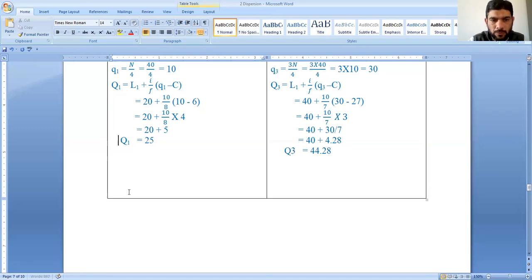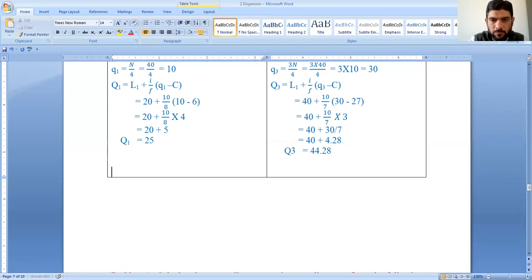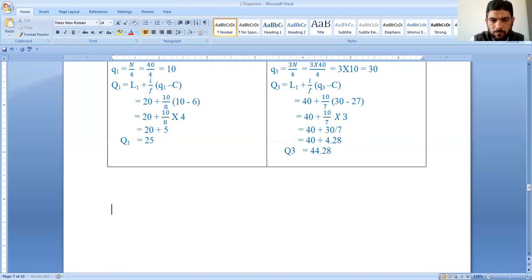The interquartile range is equal to Q3 minus Q1.